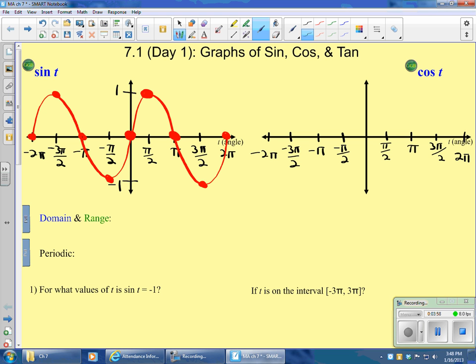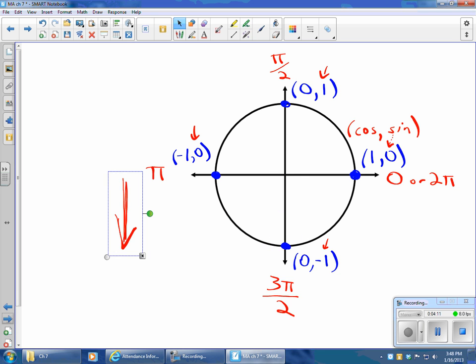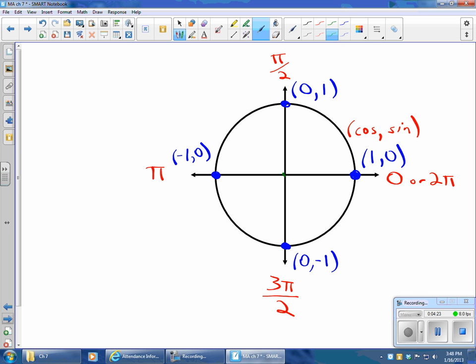And again, we're going to see here that cosine maxes at 1 and drops down to negative 1. But cosine is going to start in a different spot. So let's look back to our unit circle. And get rid of all the red arrows I put here. I'll just say that those all represented sine. Okay, so now I'm looking at cosine, so I'll do this in green.